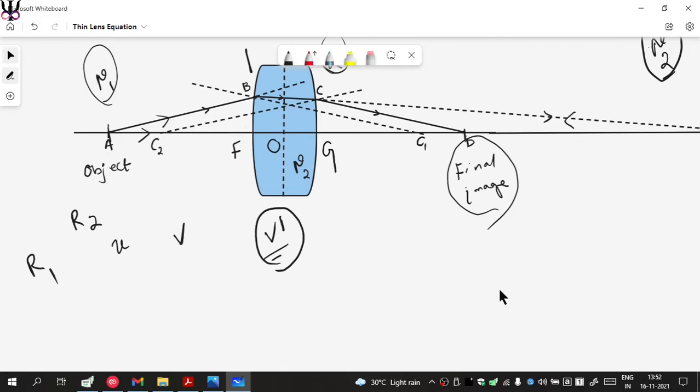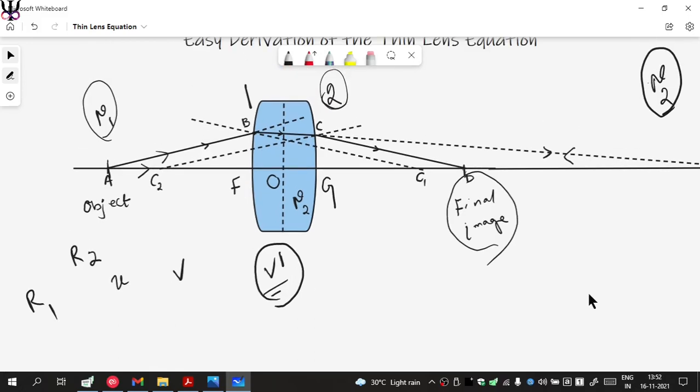And when we call this a thin lens, what we actually mean is that there is another approximation. Interface 1 cuts the principal axis at A, so that should be the origin. But interface 2 cuts the principal axis at G, that also should be the origin, but we can have only one origin.